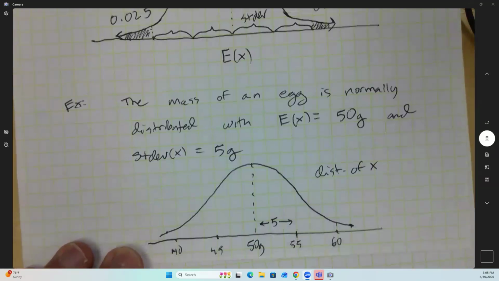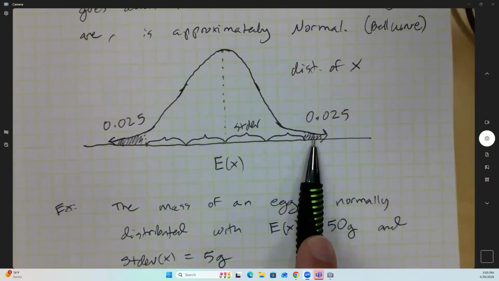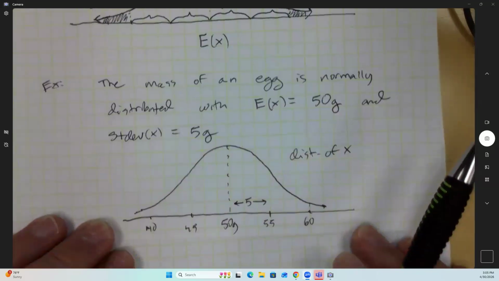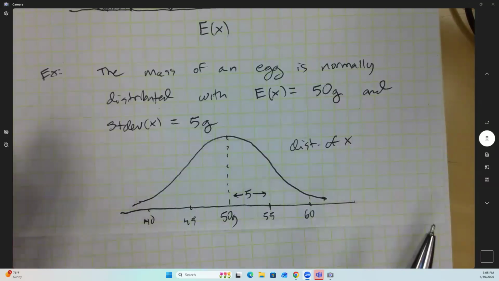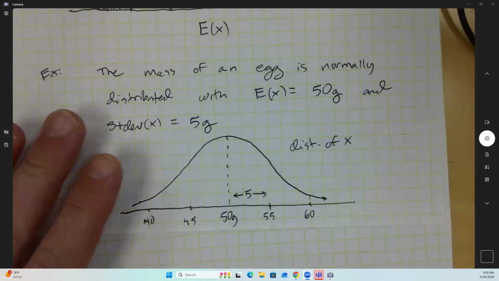You look at an area, right? That's why we say this area is 0.025. That means the probability of being out in this far upper tail is only 0.025. It's 2.5%. That's the whole reason for having the pictures, is it can make the probabilities a little bit easier if you can see it in a picture. The app that we use, we'll actually come back and use that for one of these questions. The app shows you areas, which are the probabilities.